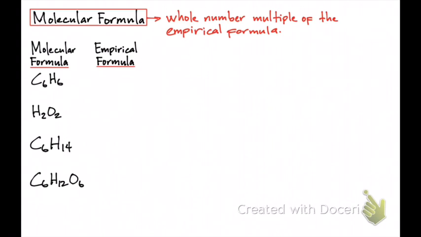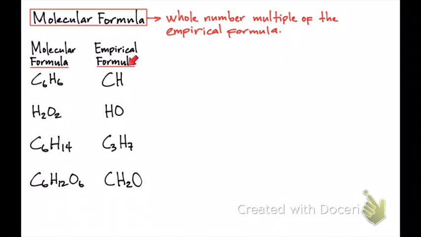So you can divide C6H6 by 6, and you get CH as the empirical formula. For hydrogen peroxide, it's HO. For C6H14, it's C3H7, because you're dividing the subscripts by 2 to simplify it. And then the last one, CH2O. So how is it that molecular formula is a whole number multiple of the empirical?